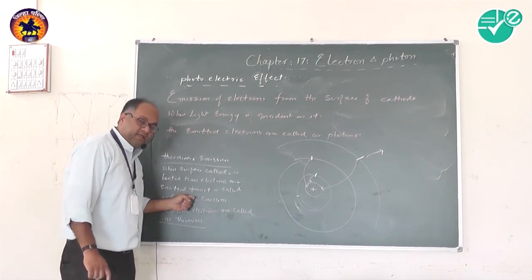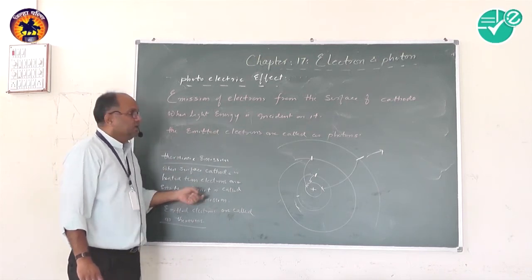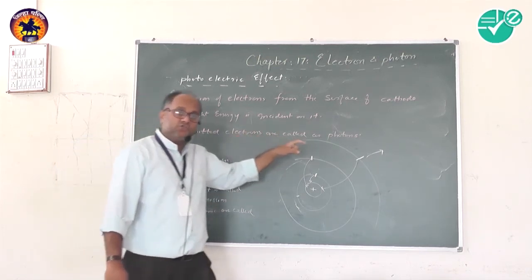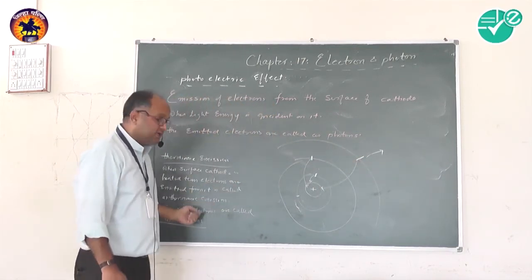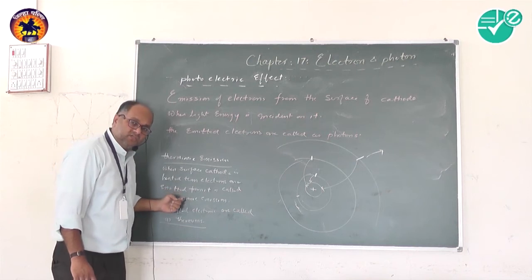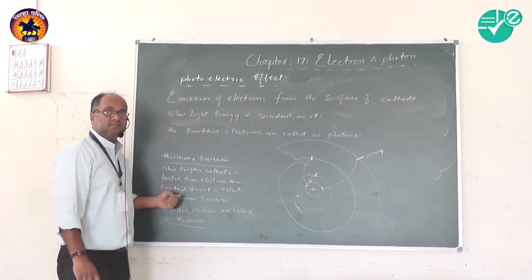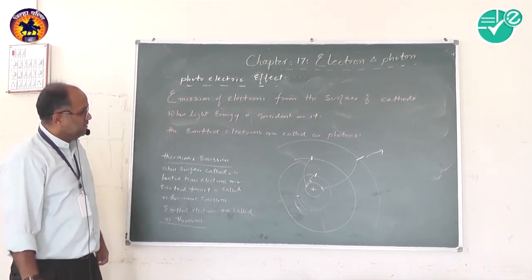In thermionic emission we give the electron energy greater than the binding energy in the form of heat, and the emitted electrons are called thermions.